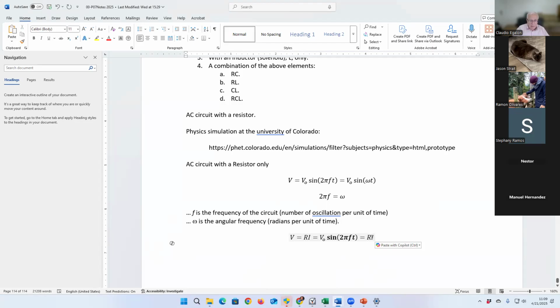And since the voltage is a function of time and the resistor is constant, what's going to be a function of time is the current, right? Like that. And we can here write the current as a function of time.